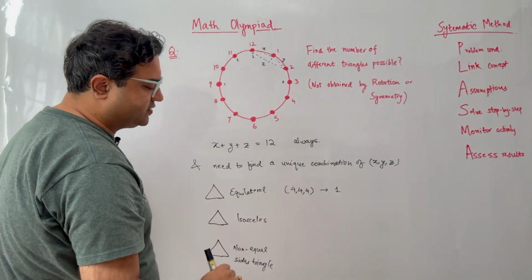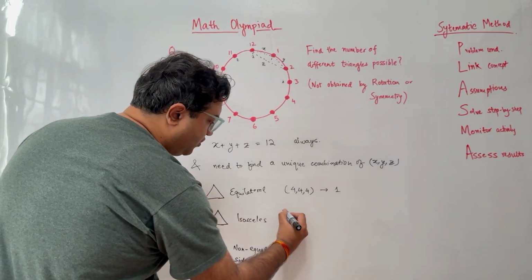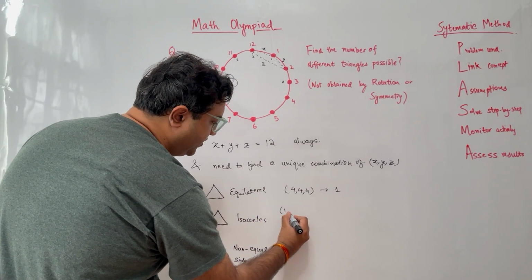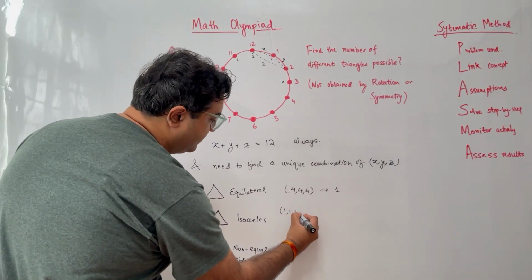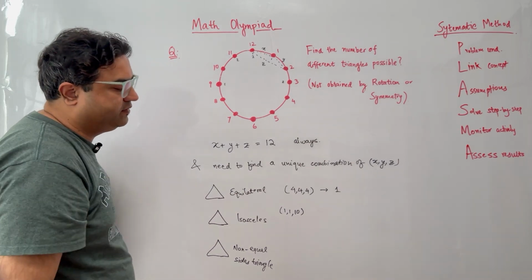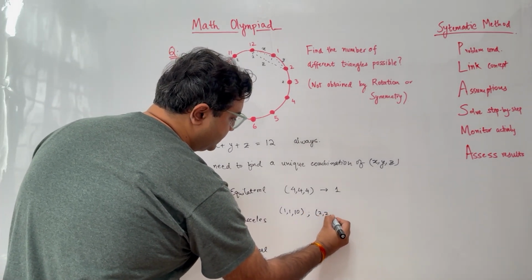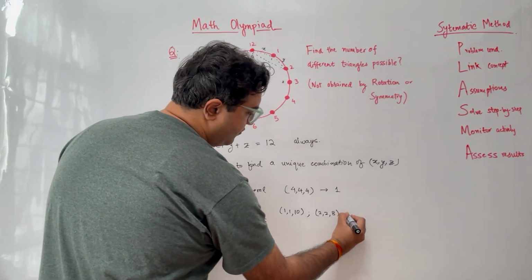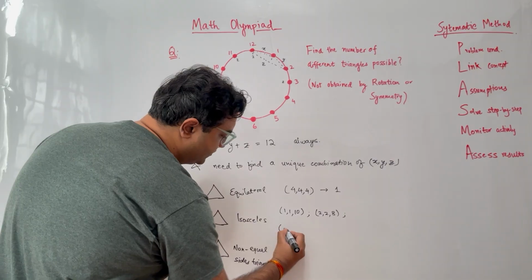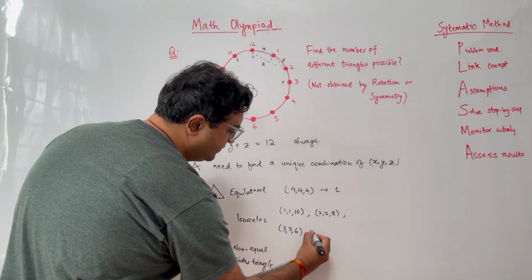Then how many isosceles triangles are possible? Let's count that. Consider the first one: x and y are 1, then z will be 10. The next is when x and y are 2, z will be 8. When x and y are 3, z will be 6.